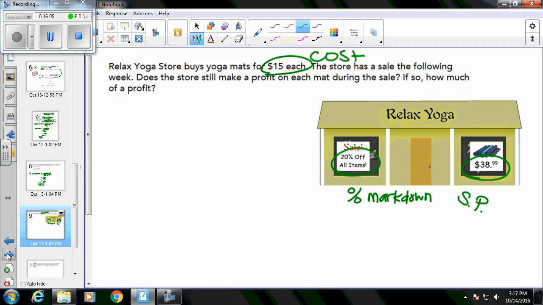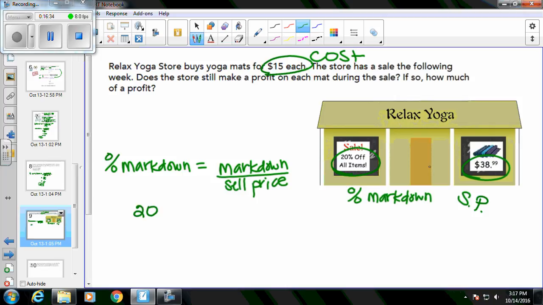Okay. Let's write down our formula. Percent markdown equals markdown over the selling price. Okay. We have to find the markdown. We know the cost. That's not one of the things in my formula. But I do know the percent markdown is 20 over 100.